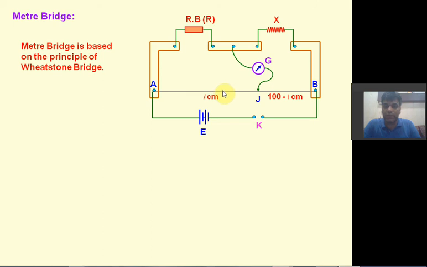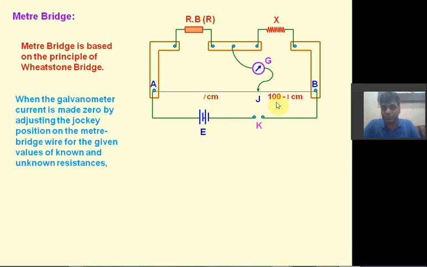At that point we take the length of this AJ. AJ is L centimeter, and the total length of the wire is 100, so the other length which is left is 100 minus L centimeter.